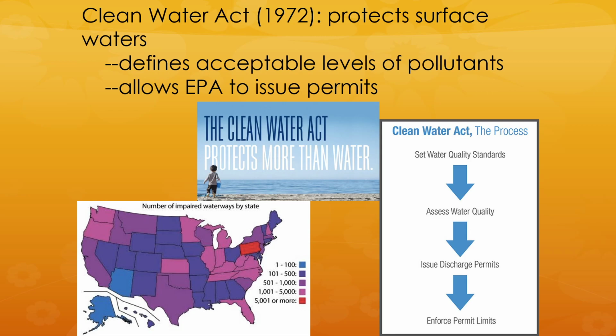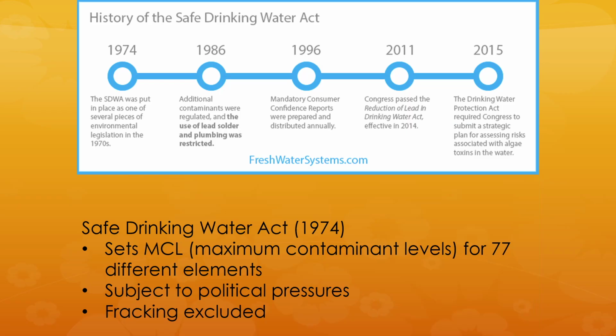The EPA mandates this to happen. Then they issue discharge permits and they enforce the permit limits. So if you remember when we went to the wastewater treatment plant, they talked a lot about the permits that they have, and they are monitored and regulated, and they have a lot of strict rules on what they're allowed to release back into the environment, in particular in the Truckee River.